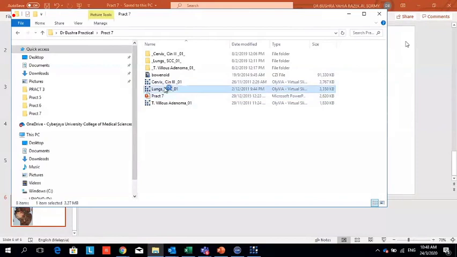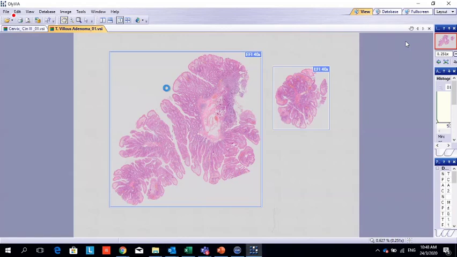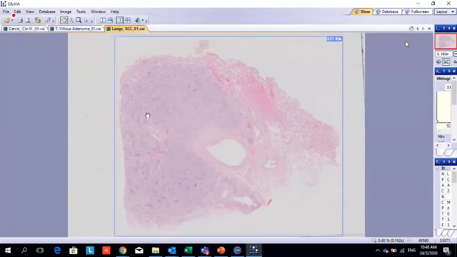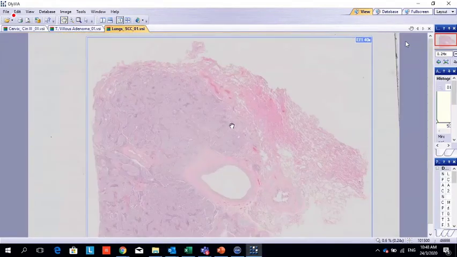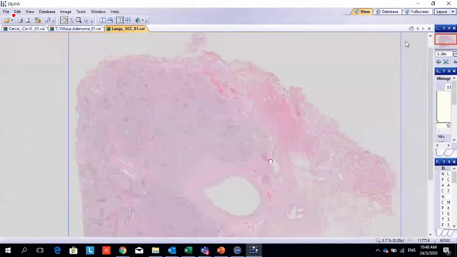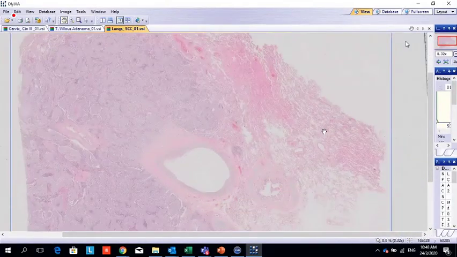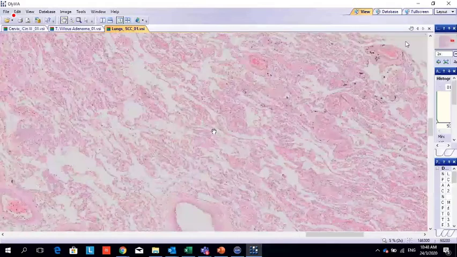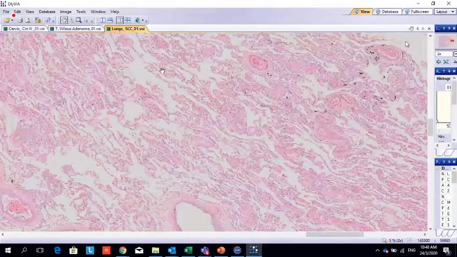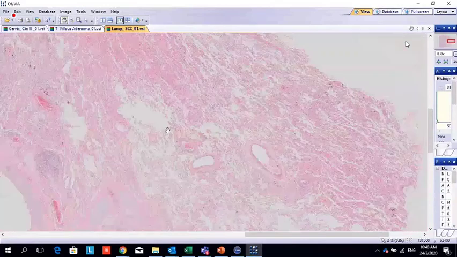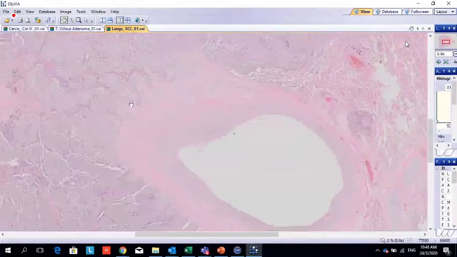Okay, what do you see? Look at here. These are the alveoli, can you see that? The alveoli contain air. So what happened here?